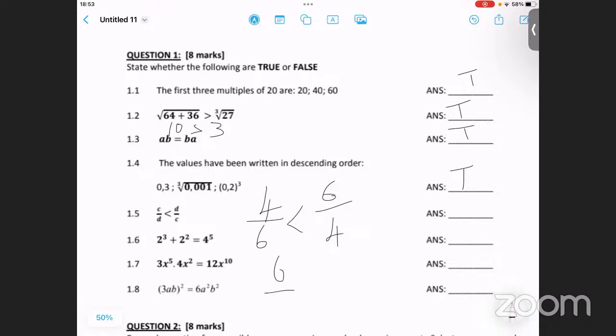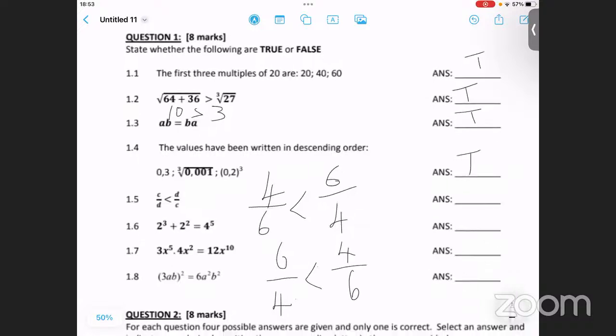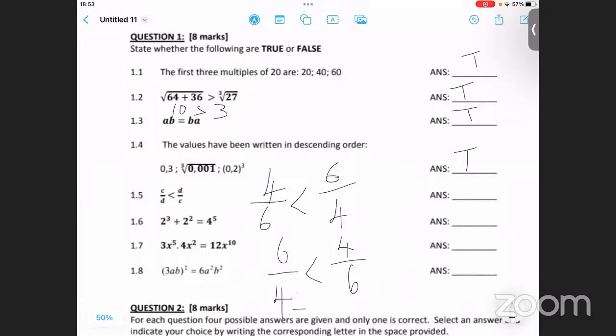So it's going to be 6 divided by 4 is less than my D, which is 4, so less than 4 divided by 6. So you see, this is 1 comma something less than 0 comma something. You see, this is not true.